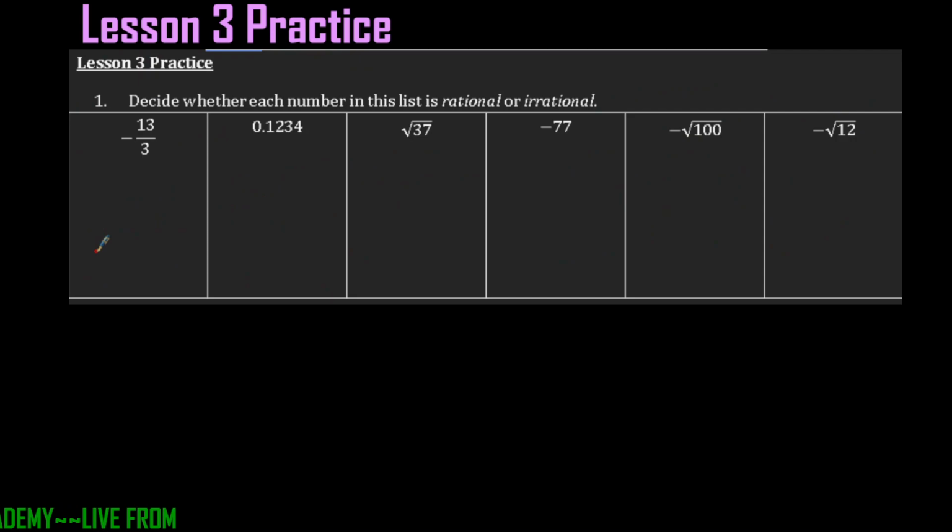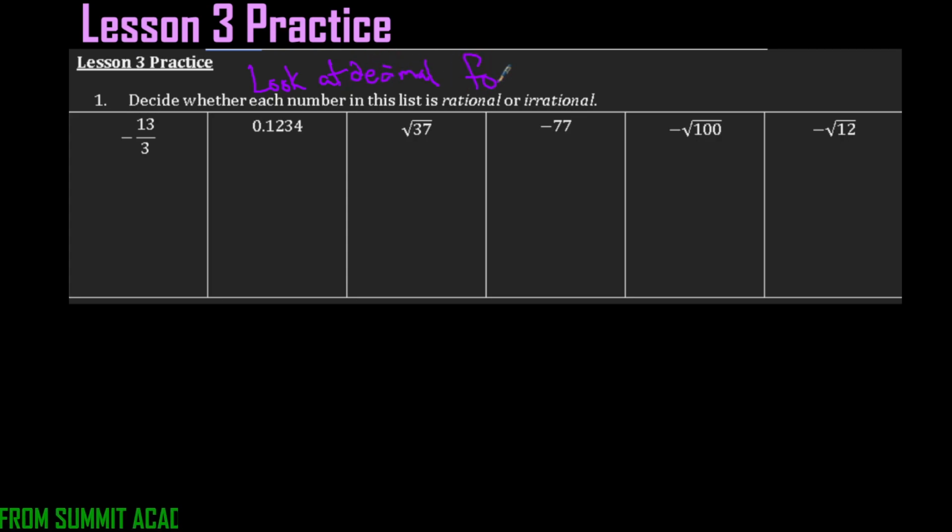So now thinking about those ideas, it says decide whether each number in the list is rational or irrational, meaning not rational. And what I suggest you do is look at decimal form. Or I can just say, hey, I know this is a fraction, which means it is rational.